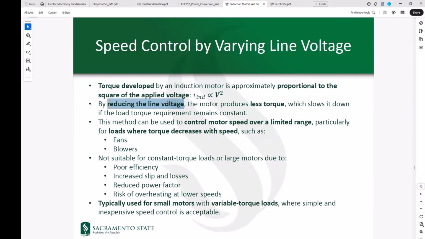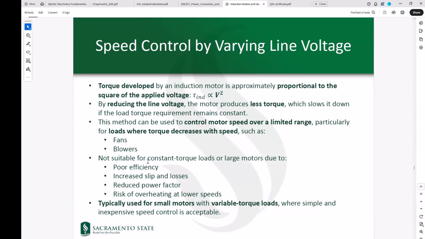Therefore, by reducing the line voltage, the motor will produce less torque, which slows it down if the load torque requirements remain constant. So this method, reducing the voltage, can be used to control the motor speed over a limited range because of that torque drawback, particularly for loads where torque decreases with speed, such as fans and blowers. So certain applications can use this approach.